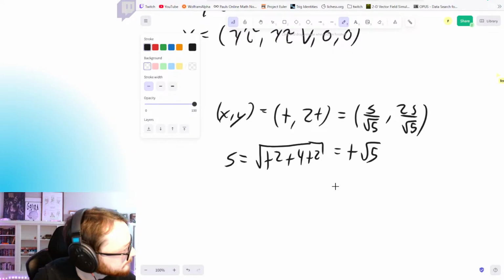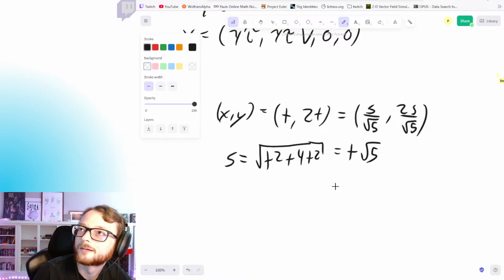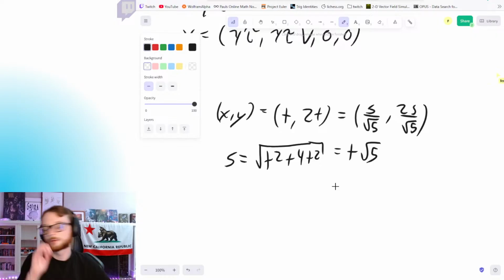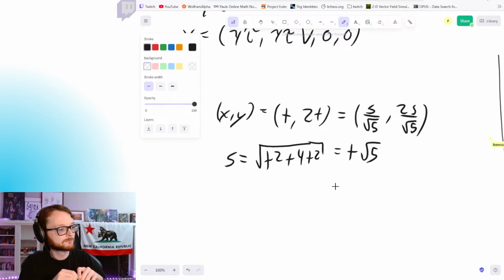So if s is 1, you've moved 1 unit along the curve now. Yeah, that seems right. I guess so, yeah. Coming along here, so this is like 0, 1, 2, 3.